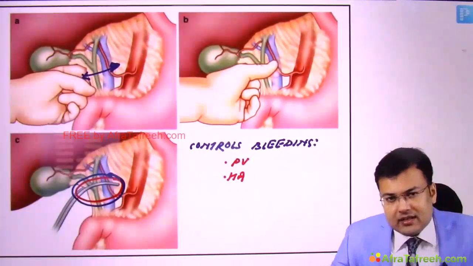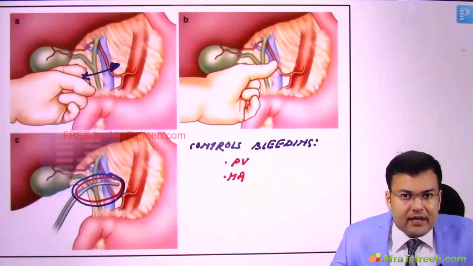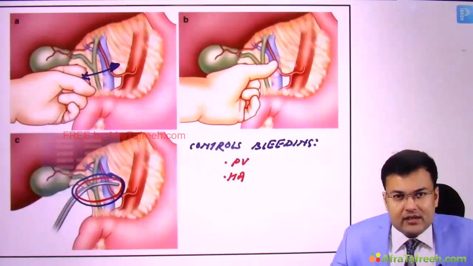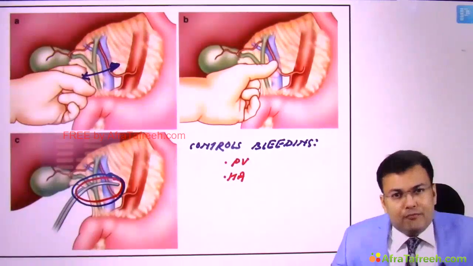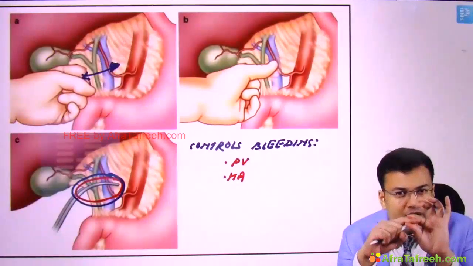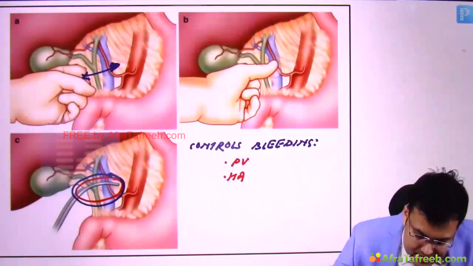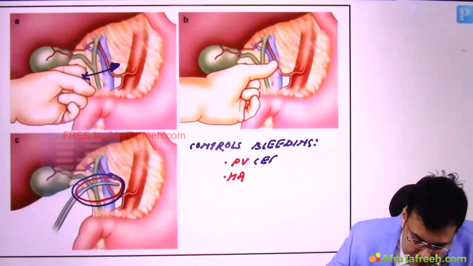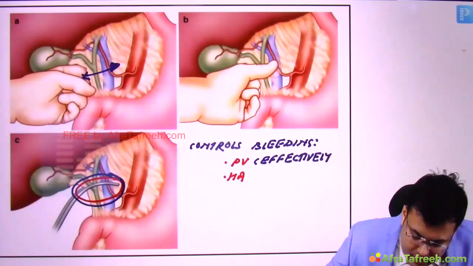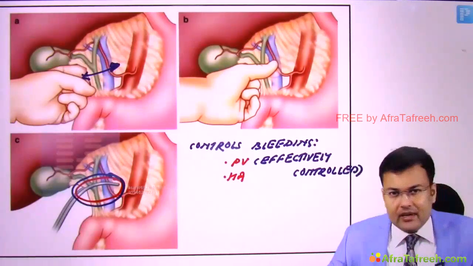This question was asked in NEET, that out of the portal vein and hepatic artery, bleeding is effectively controlled from which structure? So if you see, the pressure is lesser in the portal vein and it is very easy to occlude the portal vein as compared to the hepatic artery. So because of low pressure, the bleeding is effectively controlled. Portal vein bleeding is effectively controlled as compared to hepatic artery.